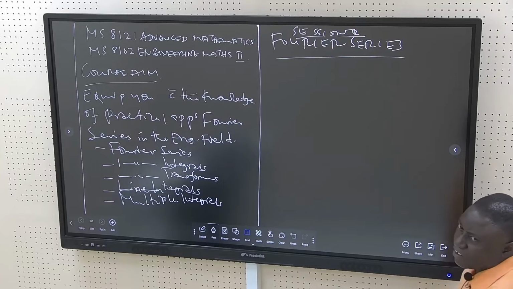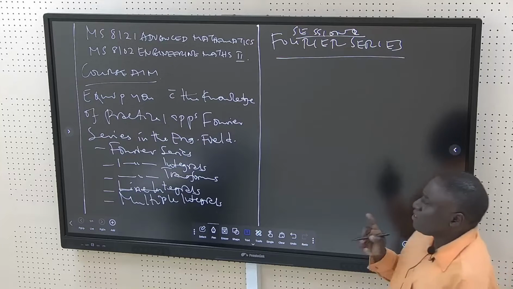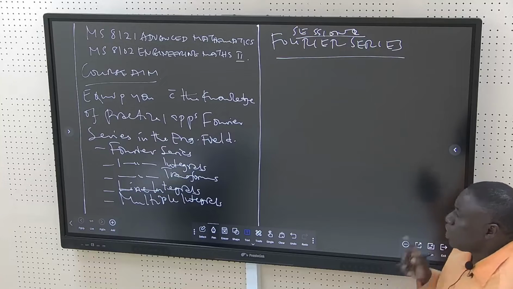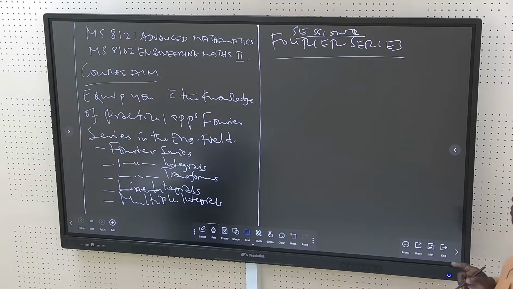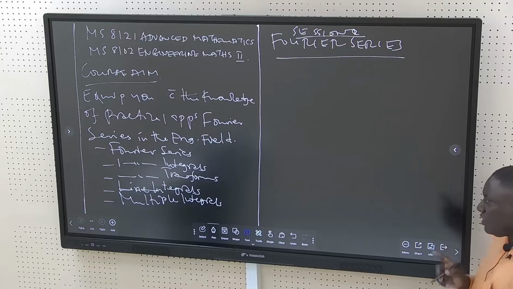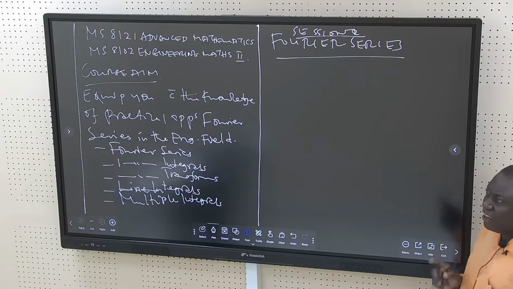So what are Fourier series? Normally these are very, very useful series used to convert or transform discontinuous functions to continuous functions, being represented by cosine and sine series.